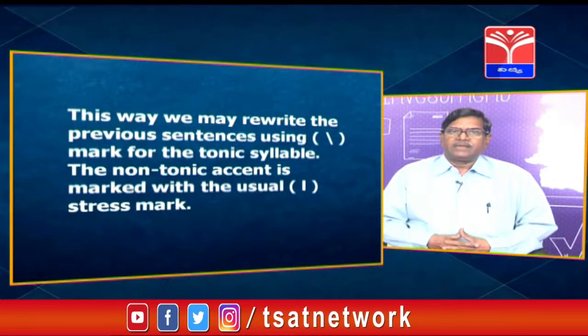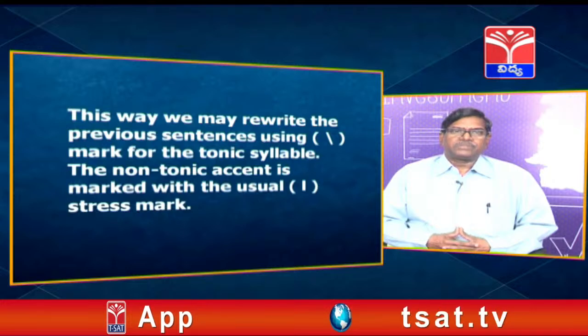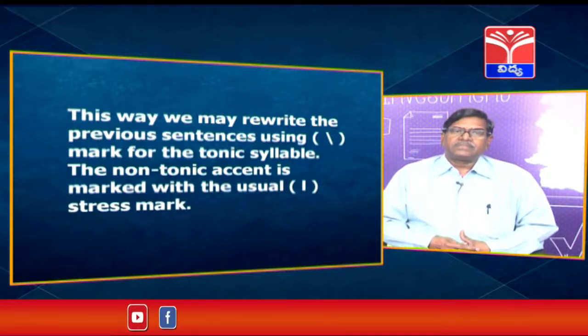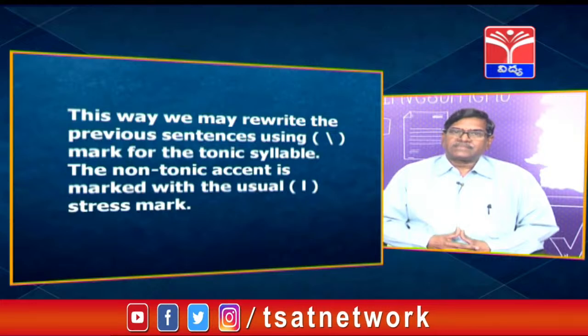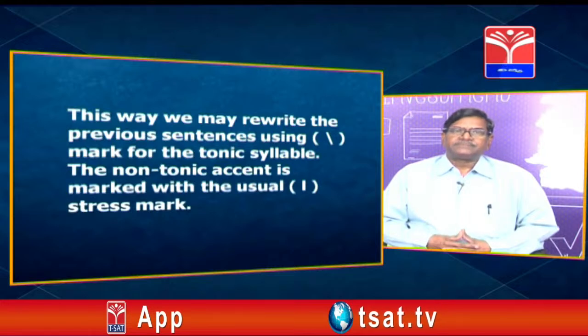That way, we can rewrite the previous sentences using a slant mark for the tonic syllable. The non-tonic accent is marked with the usual vertical stress mark before the stressed syllable.